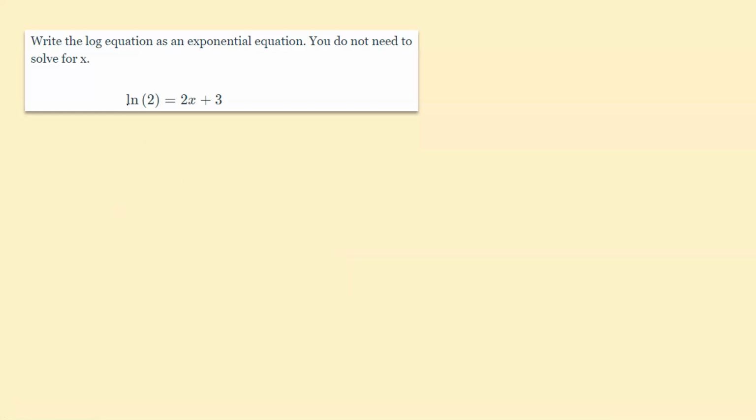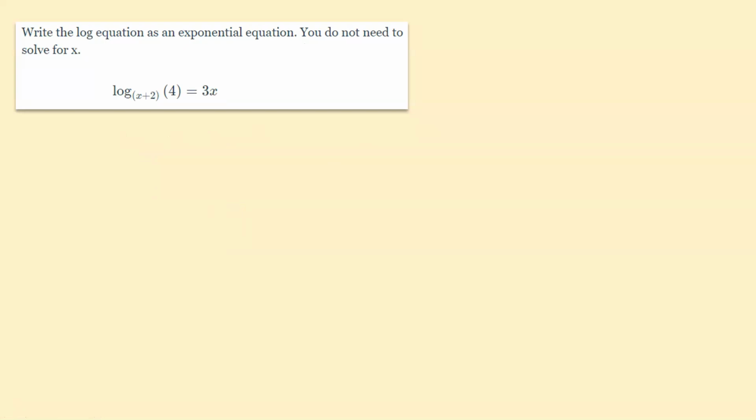Here we have the natural log, which is log base e. So our base is e. Our exponent is all of this, 2x plus 3. And this equals the argument, which is 2. So this would be our answer for Delta Math.